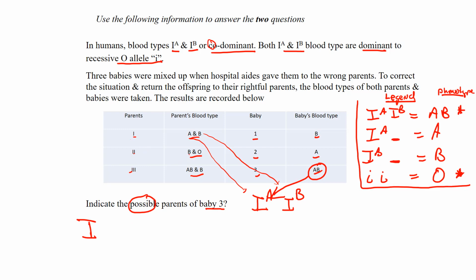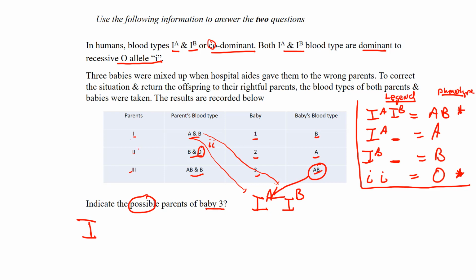They have a B parent, which of course could have contributed the B allele to that AB baby. But look at the other parent, it's O blood. And when it's O blood, the only way to be O blood is if they're carrying two recessive O alleles, so two little i's. So it would be impossible for that parent to contribute either the A or the B to that offspring.